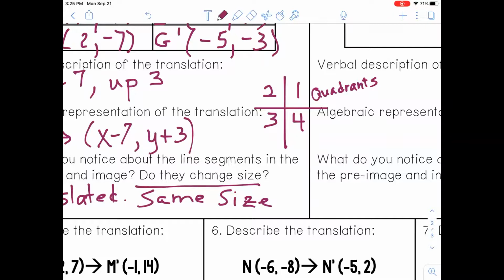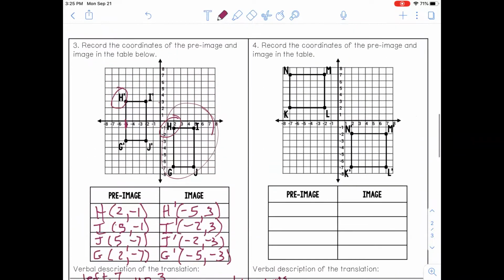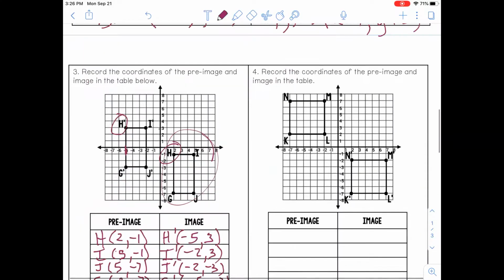The orientation of the figure did not change. That means that if this tipped over, that would be changing the orientation. But the orientation on this did not change. And then it asks, the image and the pre-image are congruent. And if it's a translation, if all the points move the same distance, then it's still going to be congruent.